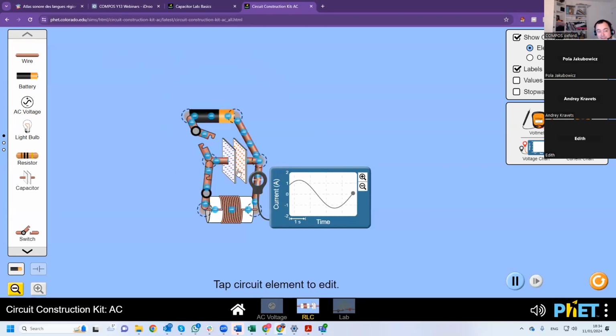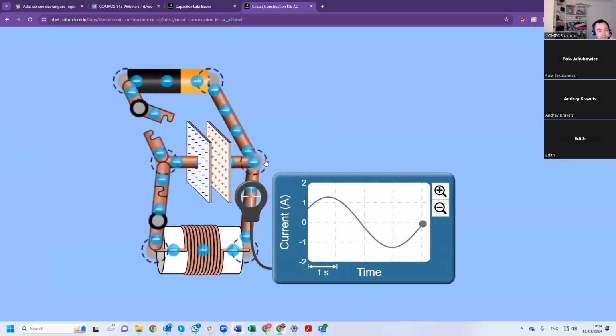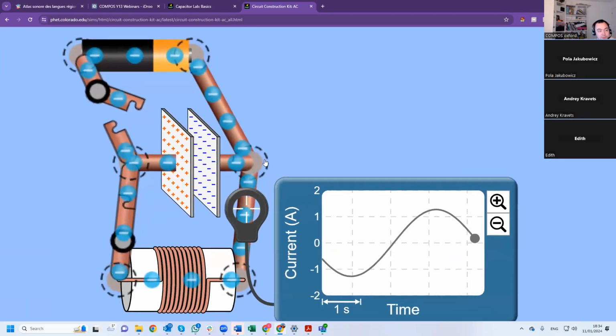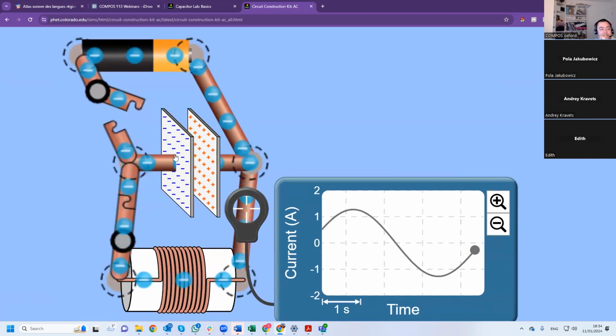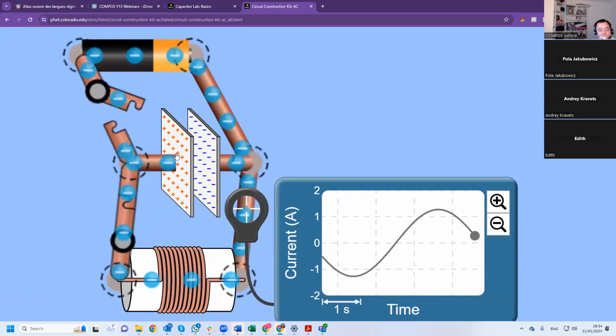You can see that the polarity of the capacitor is constantly changing. So positive, negative, negative, positive.